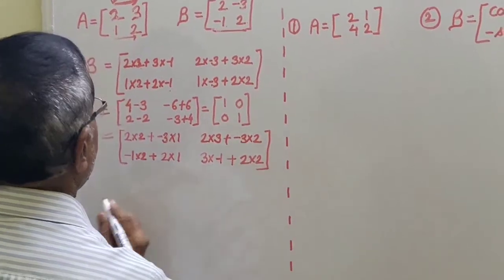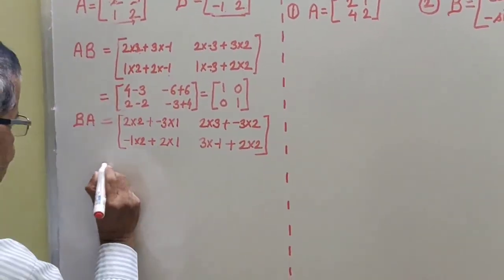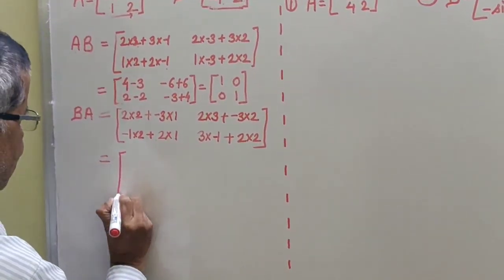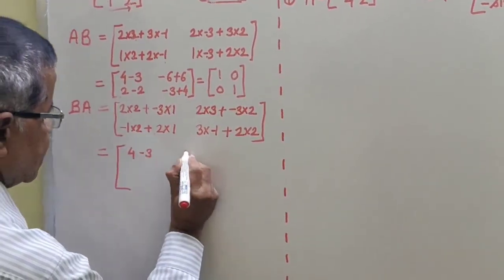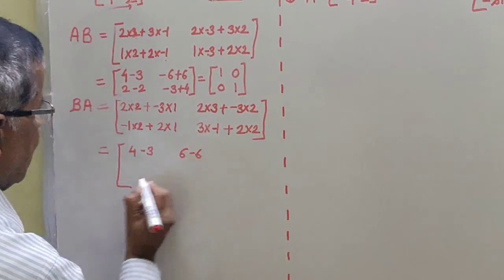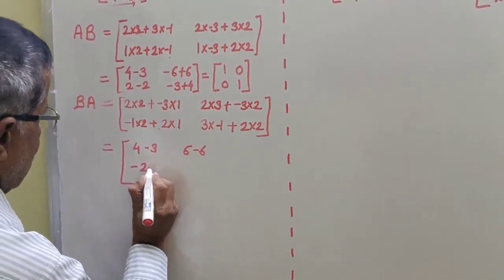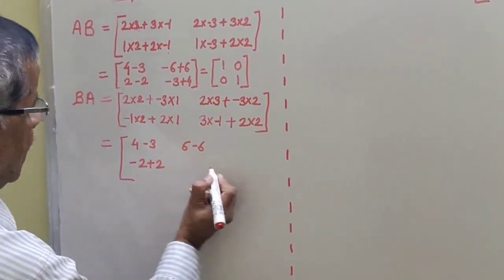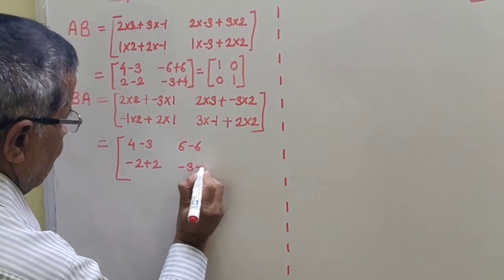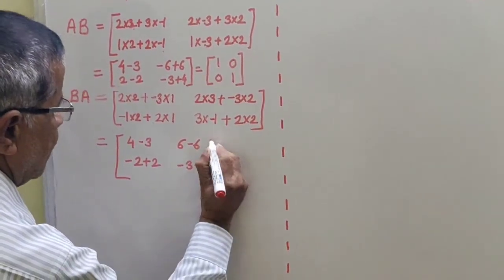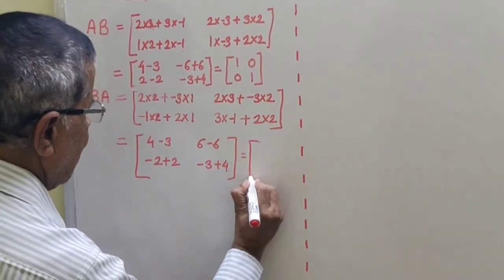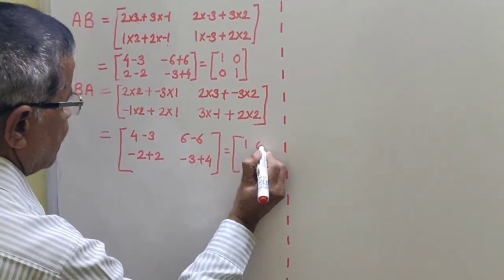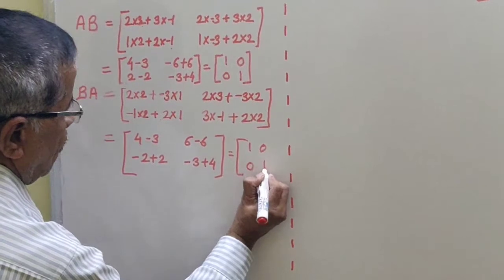Now simplify this. What will come here? 4 minus 3, 6 minus 6, minus 2 plus 2, minus 3 plus 4 will come here. On simplifying this, I will get again [1 0; 0 1].